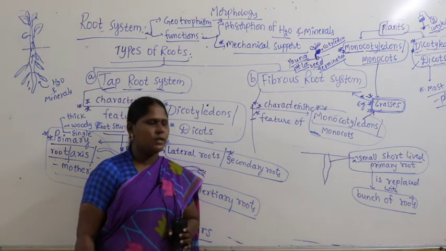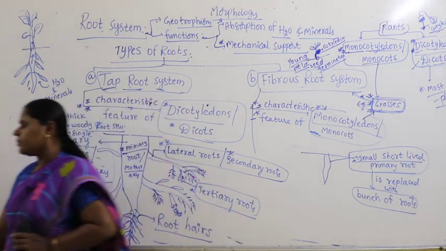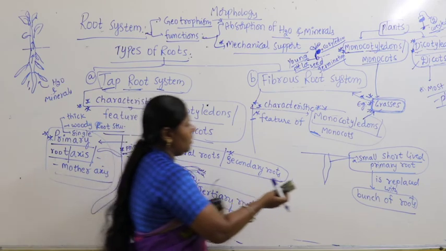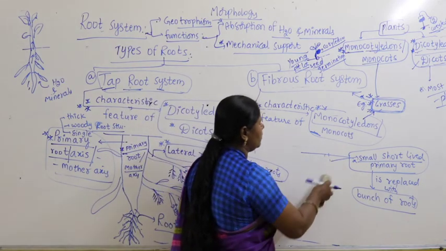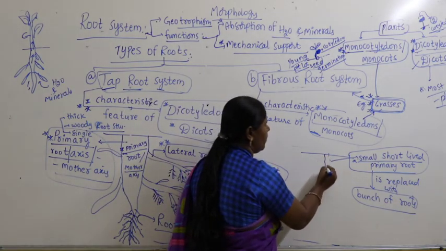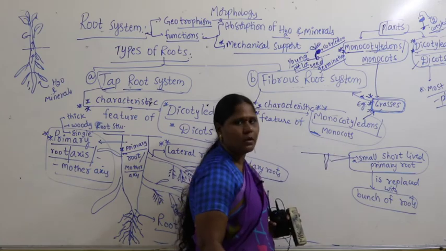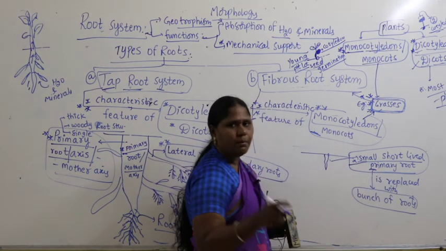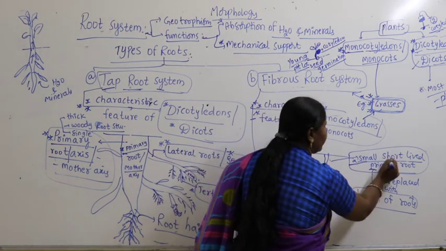What is the meaning of this? Initially you can find a small root system. A very small primary root is produced, but it is short-lived.